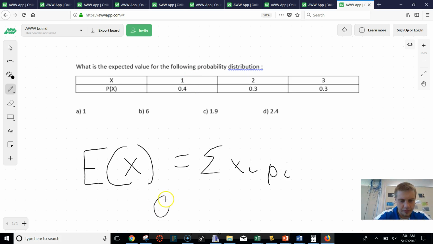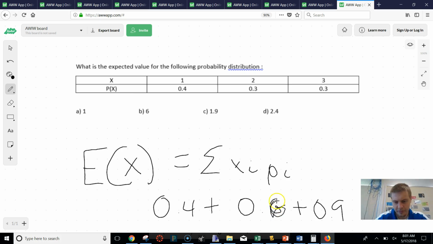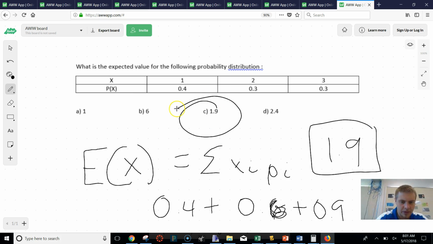So 1 times 0.4 is just 0.4, plus 2 times 0.3 is 0.6, plus 3 times 0.3 is 0.9. So 0.4 plus 0.6 plus 0.9 would give us a total of 1.9, and that would be my final answer.